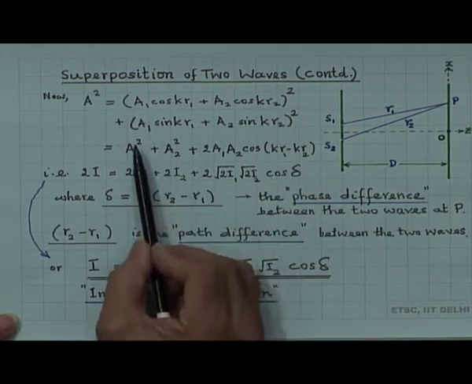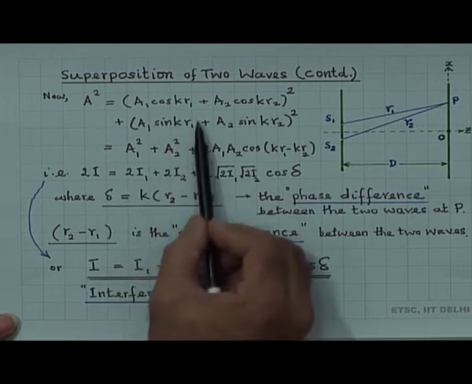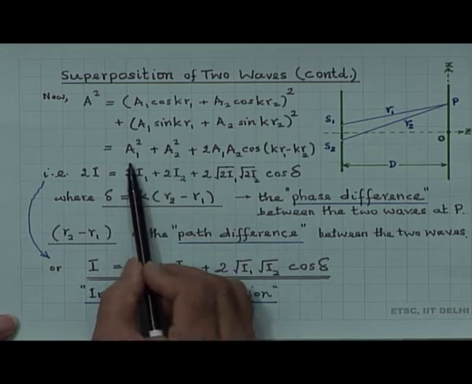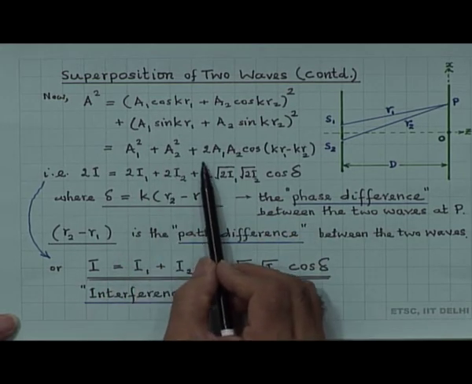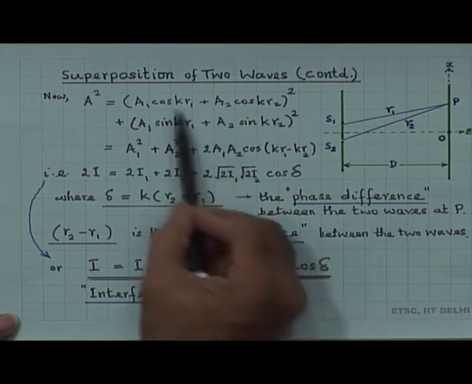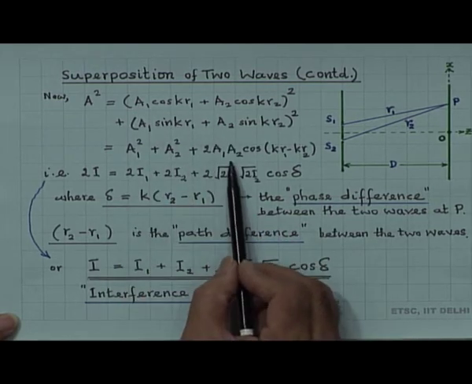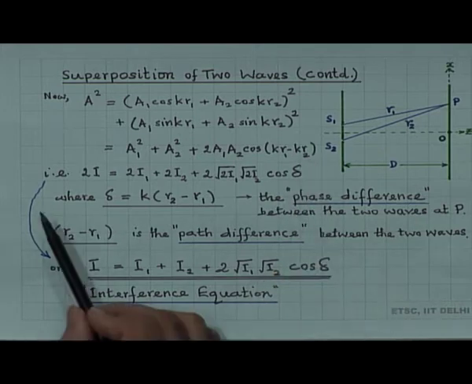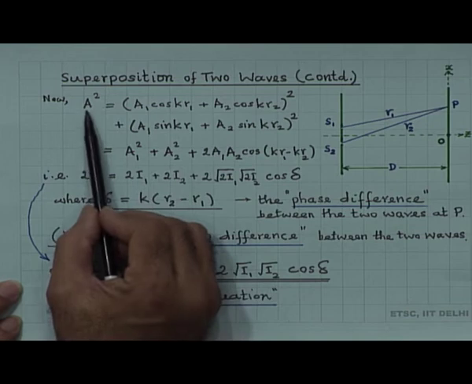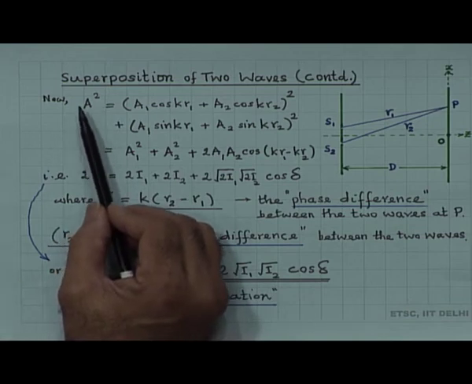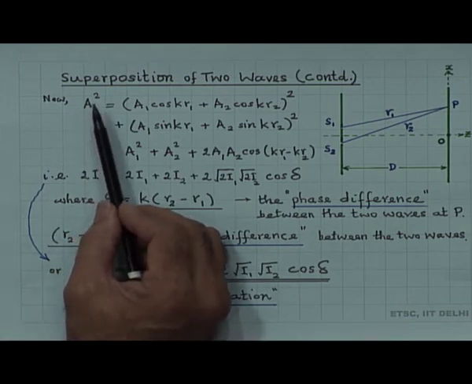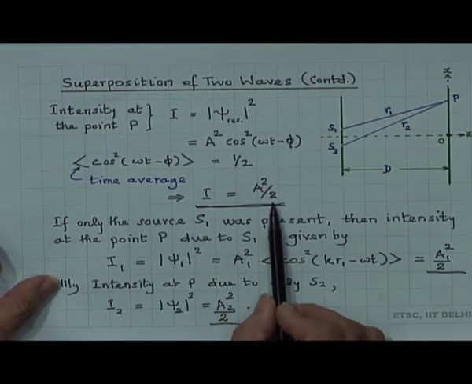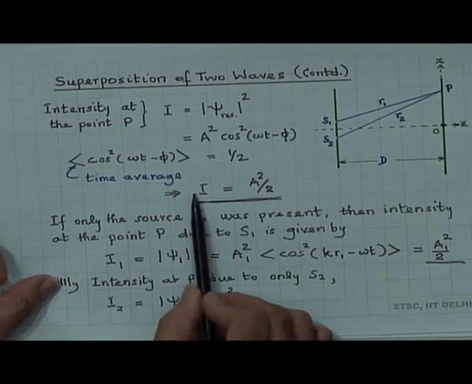So, we can square and add them. This gives cos square k r1, this gives sin square k r1, times A1 square. Therefore we get one term as A1 square, another term as A2 square, and the mixed term as 2 A1 A2 cos of k r1 minus k r2. We have just now shown that I is equal to A square by 2, or A square is equal to 2I.